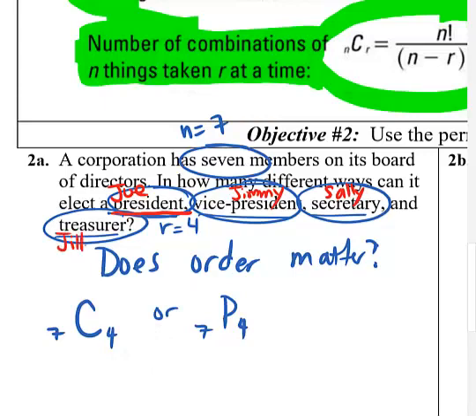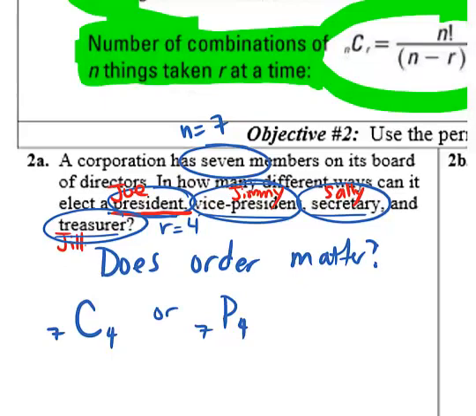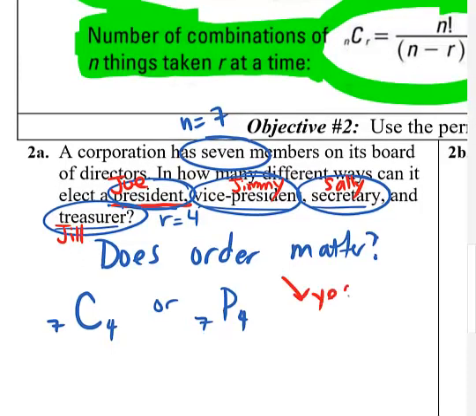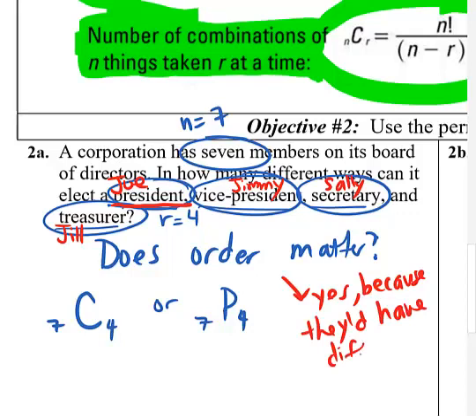At first, if I chose those 4 people in that order, they'd have those jobs. But if I chose the same 4 people in a different order, they'd have different jobs. So this time I'd say yes, because they'd have different jobs if you choose them in a different order.